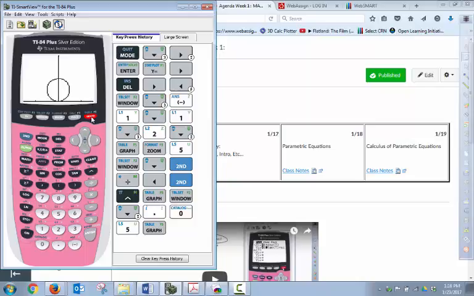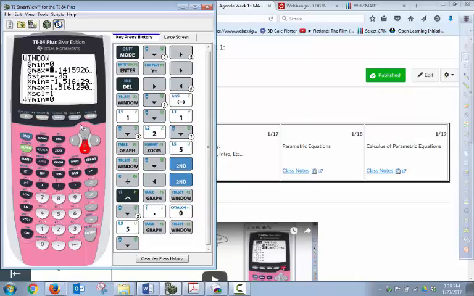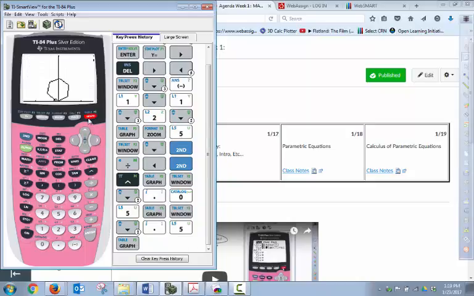Okay? If you take your t-steps too large, let me change it again, and maybe put something like 0.5. This is going to be kind of ridiculous looking. So it's going to take larger steps and then connect those as lines, and so this is what I get.